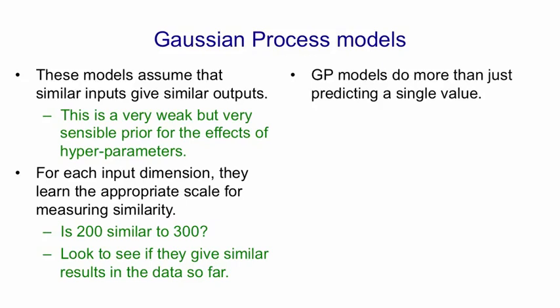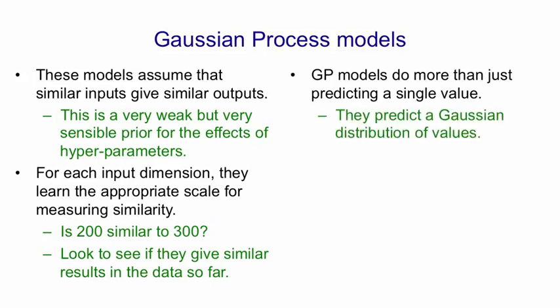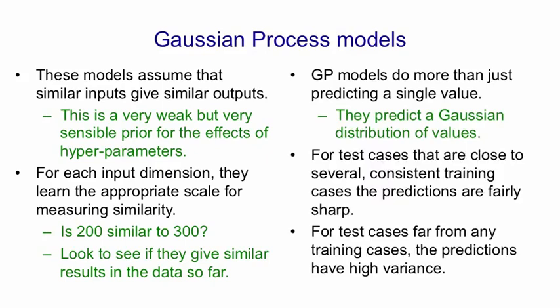Now it's important that Gaussian process models do more than just predicting the expected outcome of a particular experiment, that is, how well the neural net that we train will do on a validation set. In addition to predicting a mean value for how well they expect the neural network to do, they predict a distribution, they predict a variance. They're called Gaussian processes because their predictions are Gaussian.